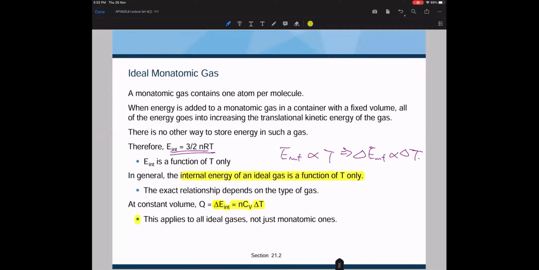So this would be a useful equation to decide what is the internal energy change when you have a change of temperature. Although the equation, strictly speaking, is for calculating Q, it is equally valid for calculating internal energy change, as long as you know the temperature change.